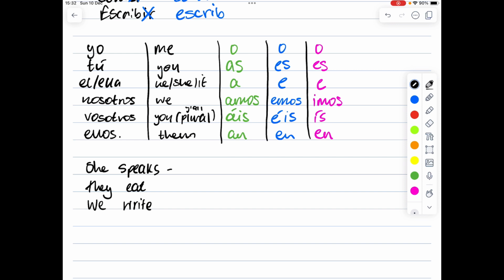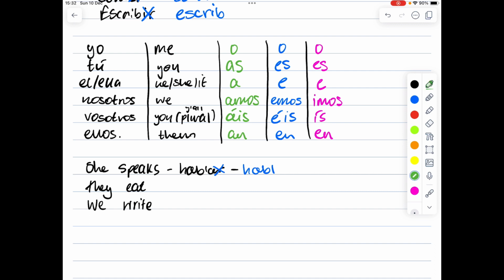Let's come back to our examples that we've got here. So she speaks. First of all, I know that the verb to speak is hablar. Okay, my first step is always to chop off the AR, and I'm left with habl. I'm going to come to my table. I'm going to look at the él and ella forms because this is the he, she, it form. Going to come to my AR column by here, and I can see that I need to add an A to the end of the habl, to make it he, she speaks.